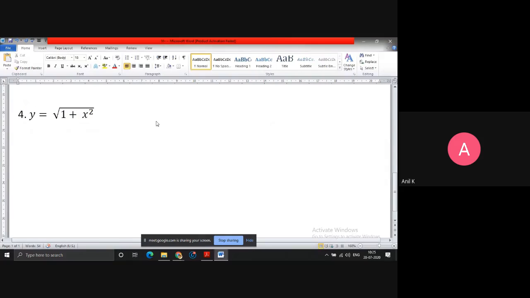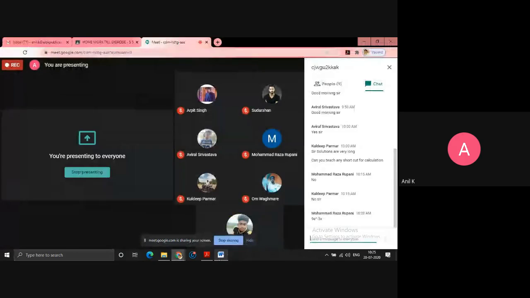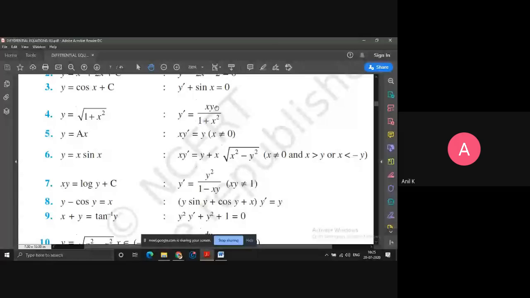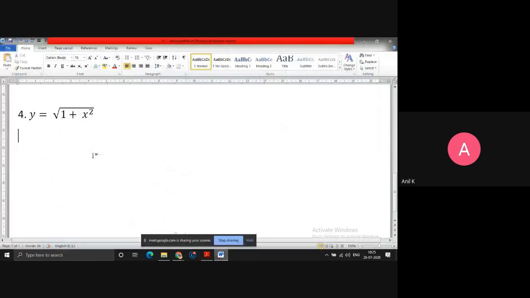So what you have to find is dy by dx. How can I find dy by dx here? Look at what we have to prove. We have to prove y dash is xy upon 1 plus x square. So how do I get xy upon 1 plus x square?